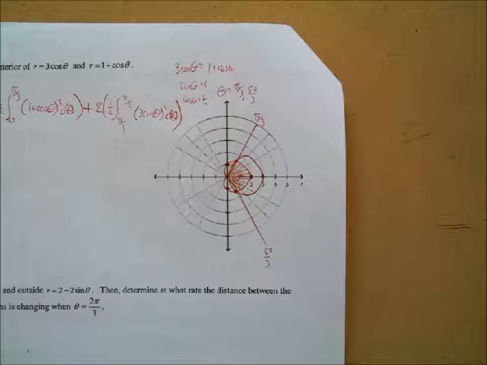We'll see. And then also 1 plus the cosine of theta, so like 2, and then 1, negative 1. Okay, so 2, 1. There, negative 1, and then back there. So something like this.